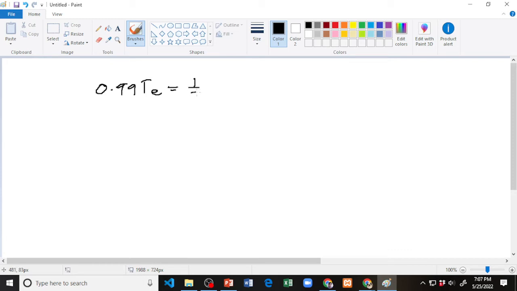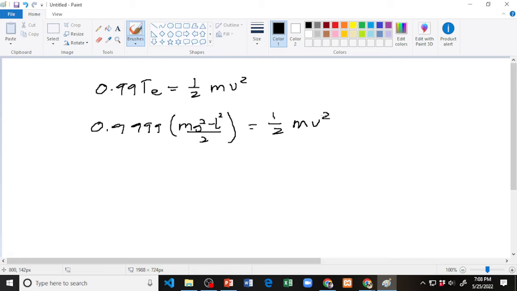So that's equivalent to 1/2 mv squared. So that's 0.99 times the formula that we have for TE, which is mass times g squared, or acceleration due to gravity raised to the power of 2, times t squared all over 2, is equivalent to 1/2 mv squared.